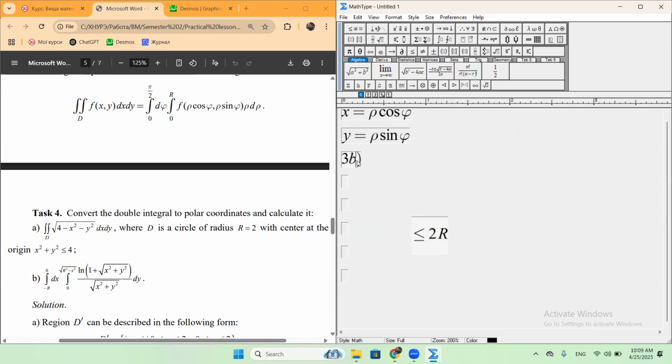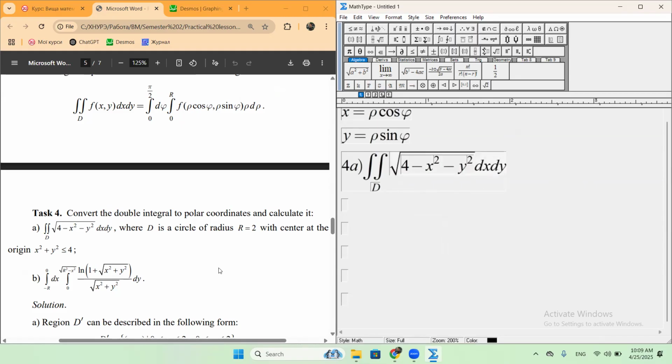So for A, we have the following integral. So D, and yeah, let's first of all write down the integral. And here you will just understand how polar coordinates really can be helpful.